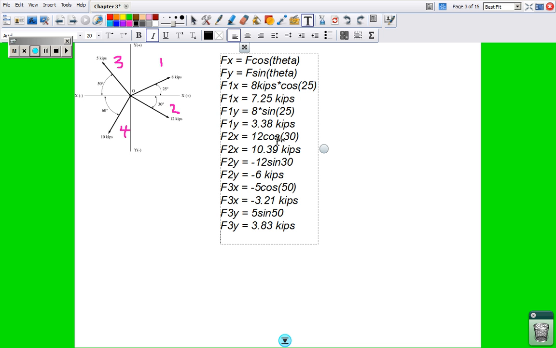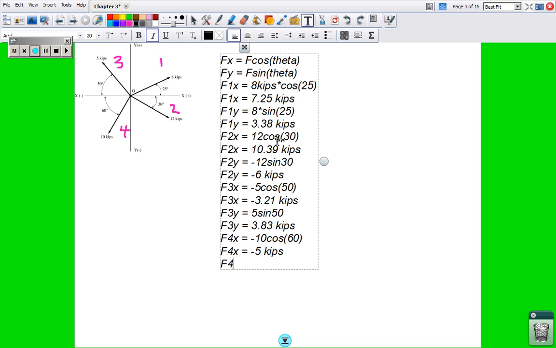And finally, let's do F4, which is equal to 10 kips. So let's start with the x just like we have every other time. And that's going to be negative because it's in a negative x quadrant. It's also going to have a negative y component because it's in a negative y quadrant. It's going to be 10 cosine 60. So F4x is going to be negative 5 kips.